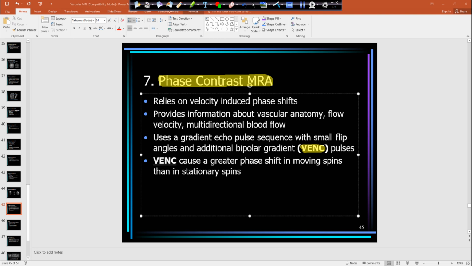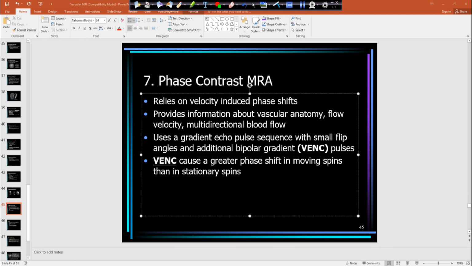You're not going to exactly remember what VENC stands for. What does it do again? But I know it. I associate VENC with phase contrast MRI. That's just how the registry goes. X-ray and MRI, you're not going to be able to retain everything. So your next best thing is association.